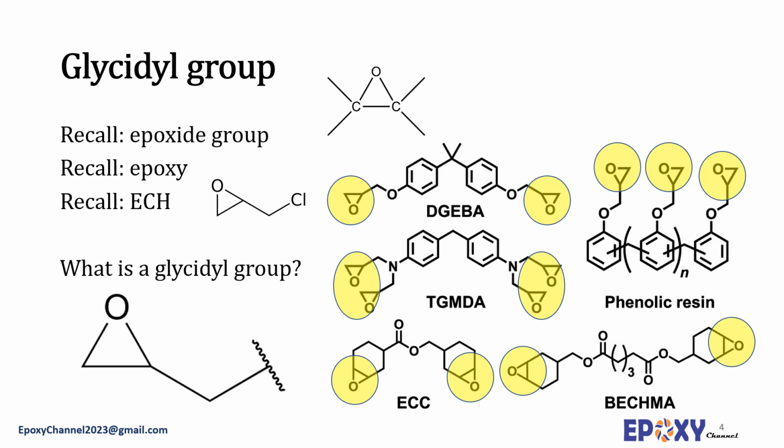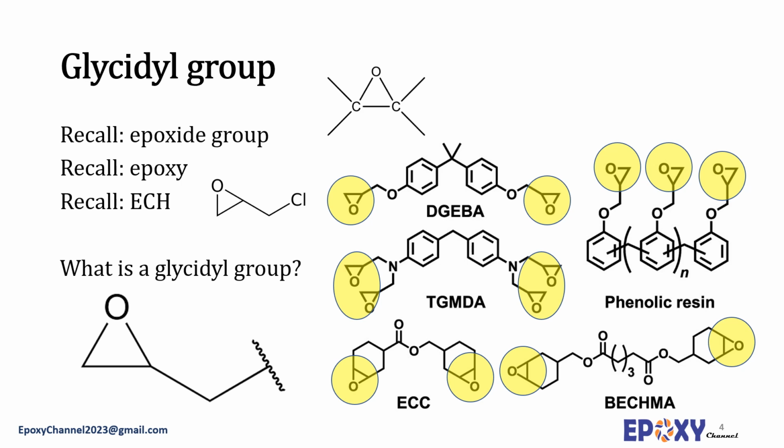The term epoxy is used to describe a range of monomers containing an epoxy group, while epoxy resins refers to a class of molecules containing at least two epoxy groups. Examples of widely used epoxy monomers have been presented here, and the epoxide group has been highlighted in each case.